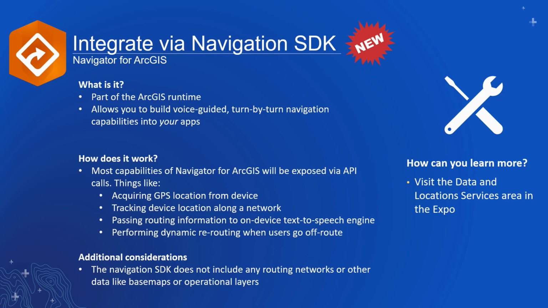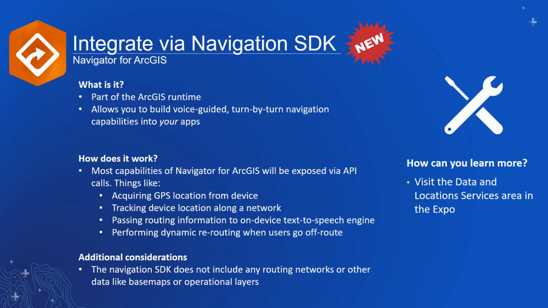The Navigation SDK that I mentioned just a second ago, this is kind of the overview of that. It's going to be part of the ArcGIS Runtime. It allows you to build your own voice-guided turn-by-turn navigation capabilities into your apps. How does it work? Most of the capabilities of Navigator will be exposed via API calls.